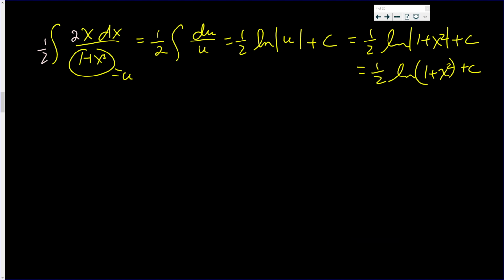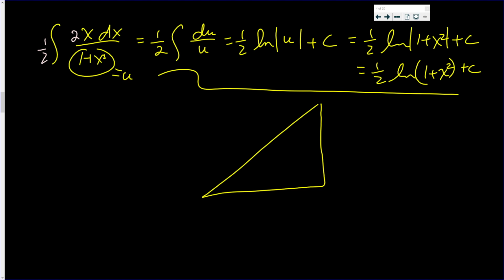Now, in my opinion, an insane way to do this problem would be to use trig substitution. You have 1 plus x squared. They're both positive. So you put the whole sum under a radical on the hypotenuse. X squared, put the x here.